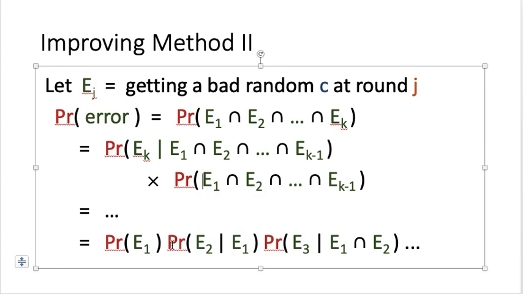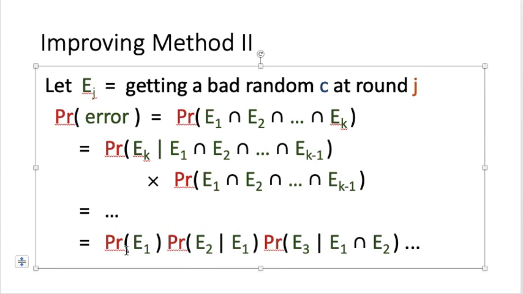We can continue this process again and again, so that in the end, we will get a formula like this. We get this term, and then expand this one, and then expand this one, and so on and so forth. In the end, each one of them will be the probability of one event given some other events intersecting each other.